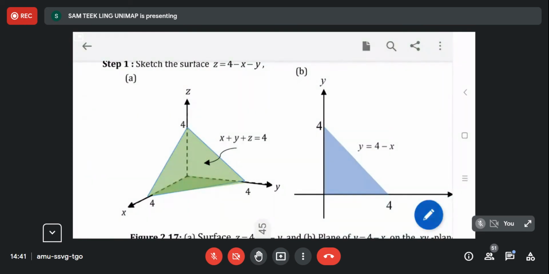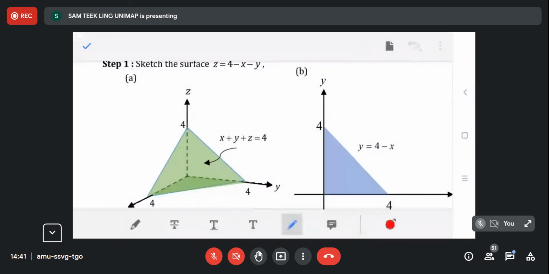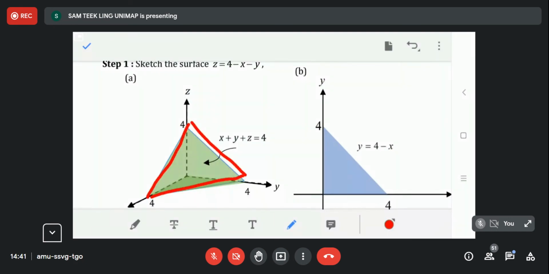We want to find the surface area, and the surface is this surface. The surface integral we want to find is this surface. This one is in 3-dimensional, but the surface we need is 2-dimensional.